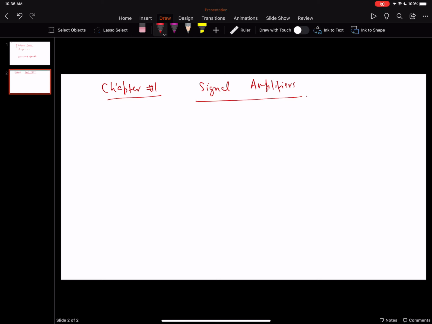Let's start with this question. If you were in the class, I would have asked you; I guess now I just need to give you an answer. Why do we need signal amplification? What do these signal amplifiers do? They amplify a signal. So why do we need signal amplification in the first place?